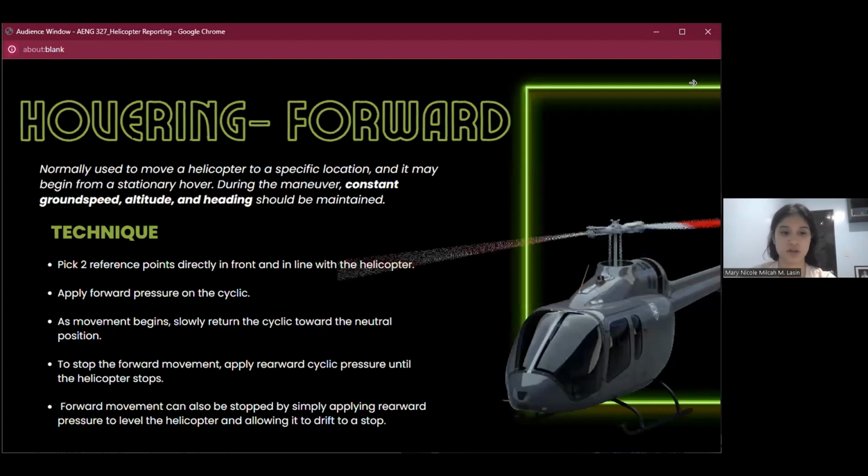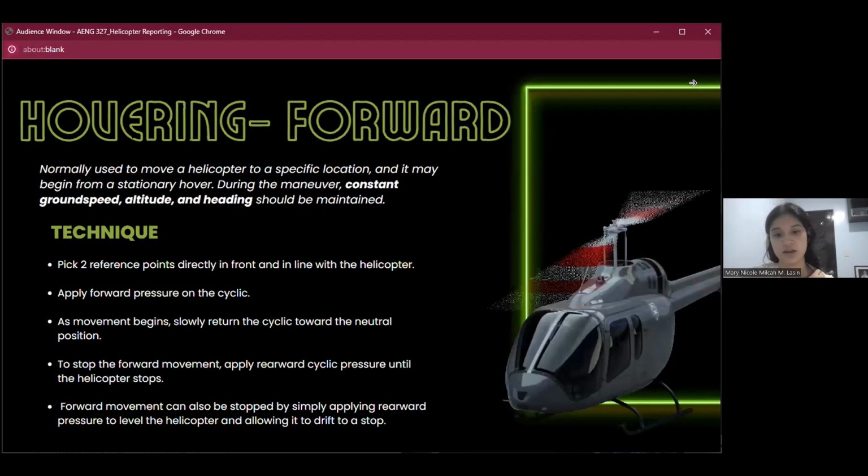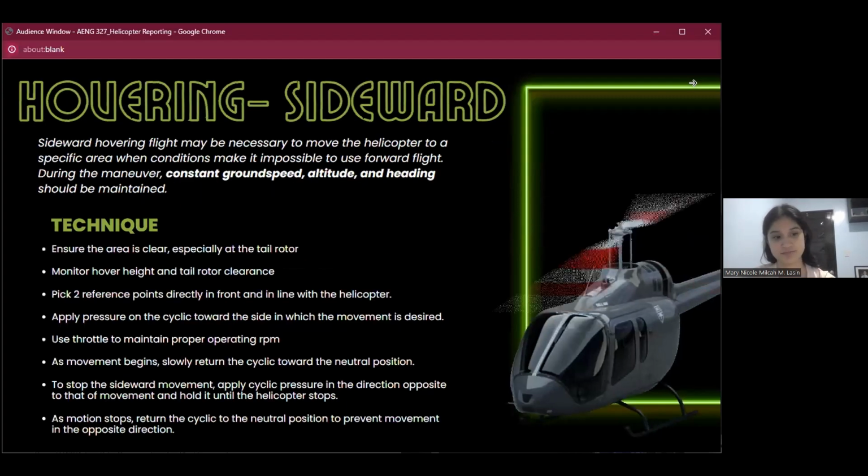In order to stop the forward motion, the pilot could apply rearward cyclic pressure until the helicopter stops and return it to neutral. Forward movement can also be stopped by simply applying rearward pressure to level the helicopter and allowing it to drift to a stop. Next slide.